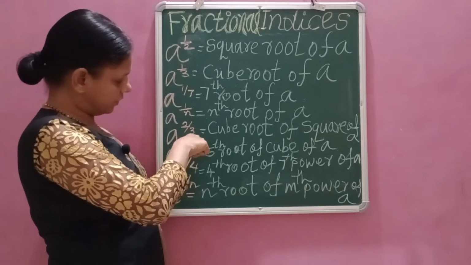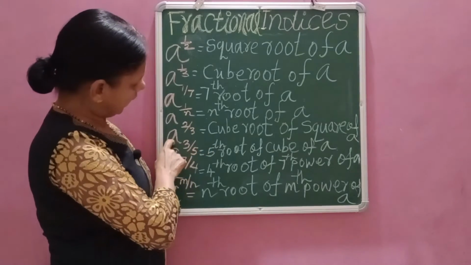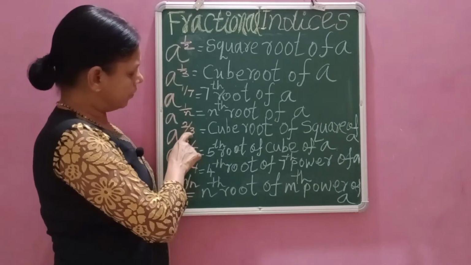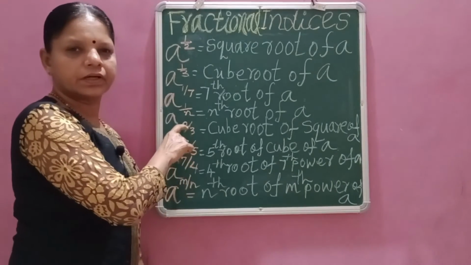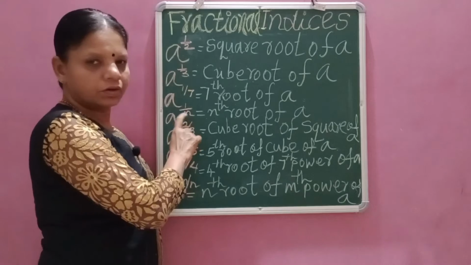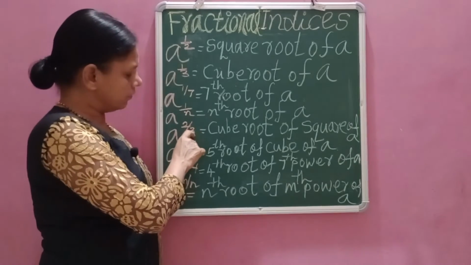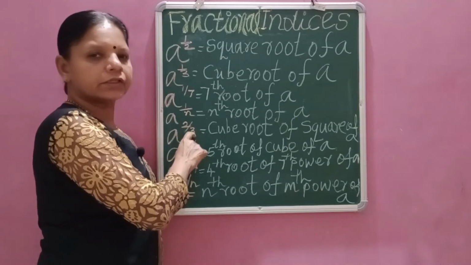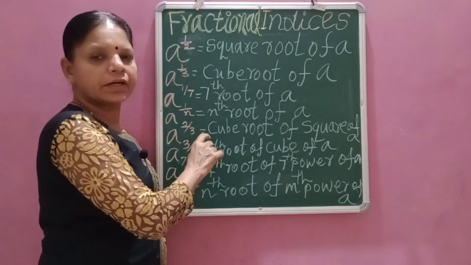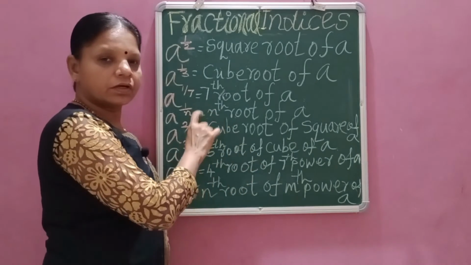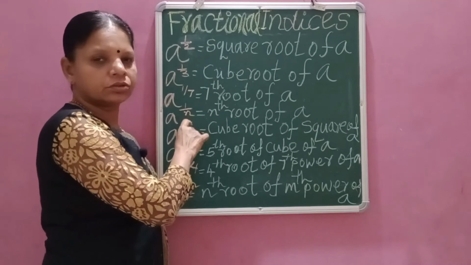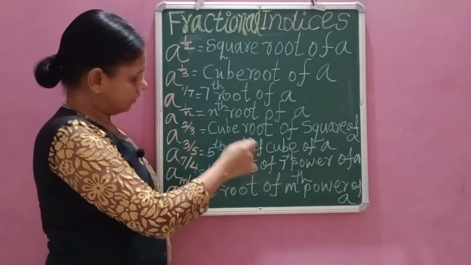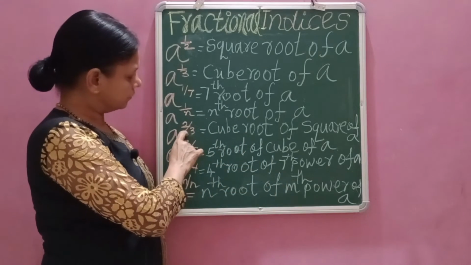What is the difference? See, a raised to 2 upon 3. Here the numerator is 2, not 1, and the denominator is 3. The denominator shows repeated division, whereas the numerator shows repeated multiplication. So how to read it?